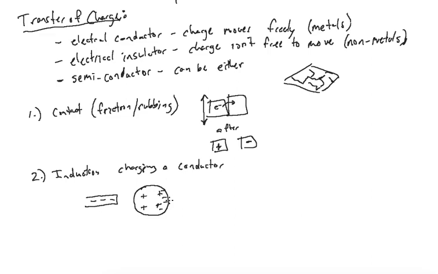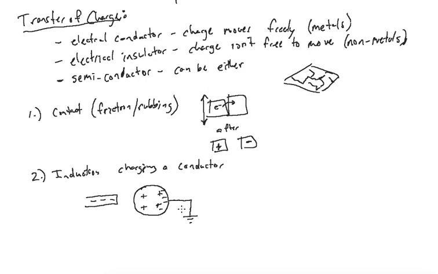If we then do something called grounding, and this is the symbol for it, these three little lines like that, grounding literally means hooking something up to the ground, to Earth. Earth is so big compared to our electronics and our size that we can basically treat it as a place where we can shove as much charge into and take as much electrical charge or electrons in and out of as we want, like an infinite source or pool.